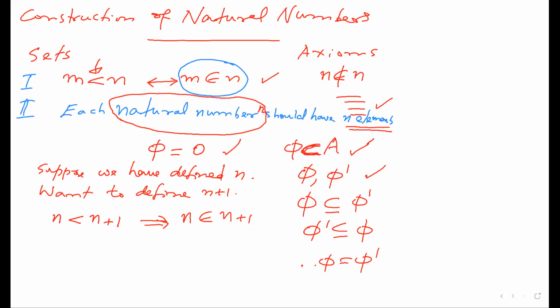Over here we have no problem because we are talking about natural numbers. Over here, if this is a set, if this is the case, then we go here and we can write this.